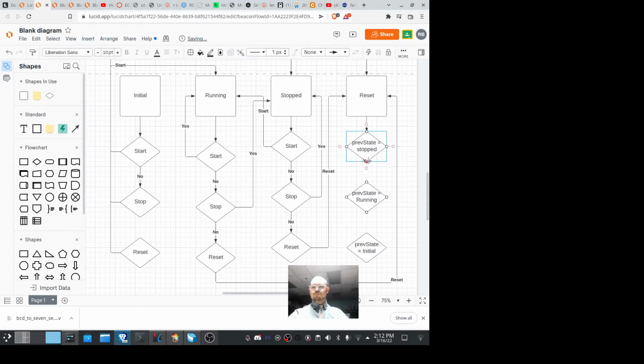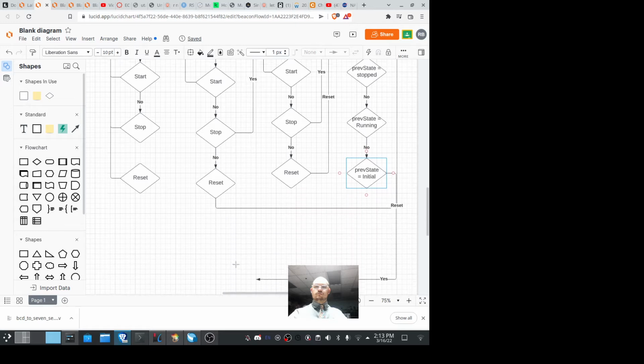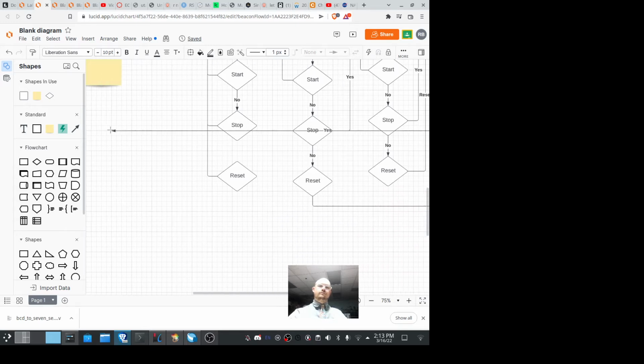And then these would all be no, not yes. And if prev state is equal to initial, basically in every case we just go back to where we came from.